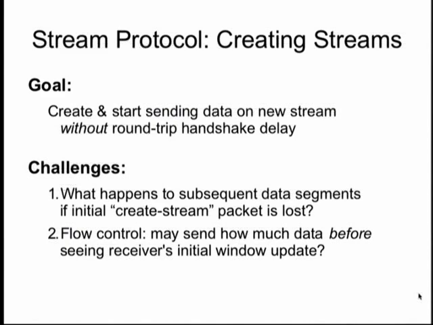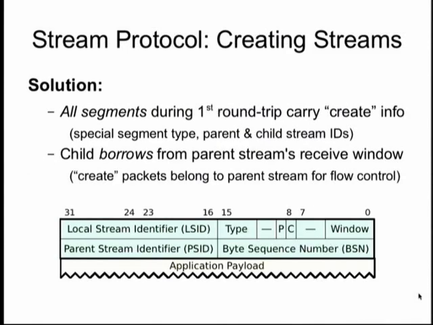Well, what would the receiver do if the create stream packet got lost but the data arrived? Then you've got a problem. A second problem is that how does the initiator even know how much data the receiver is willing to accept on this new stream, given that it hasn't had time to get its first receive window update yet? So SST solves these two challenges as follows.